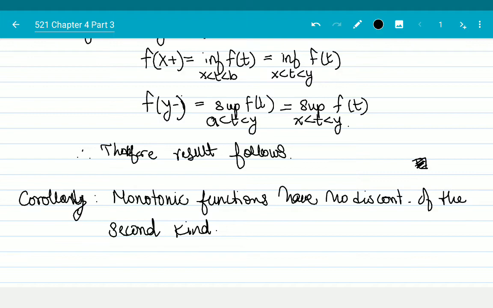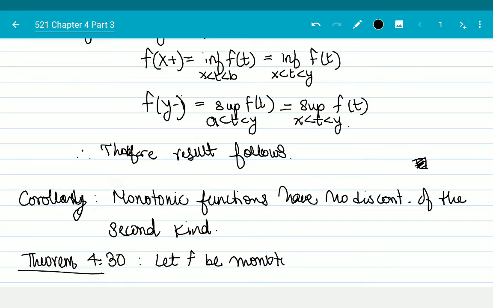Then let us show one last theorem. Theorem 4.30. Let f be monotonic on (a, b).